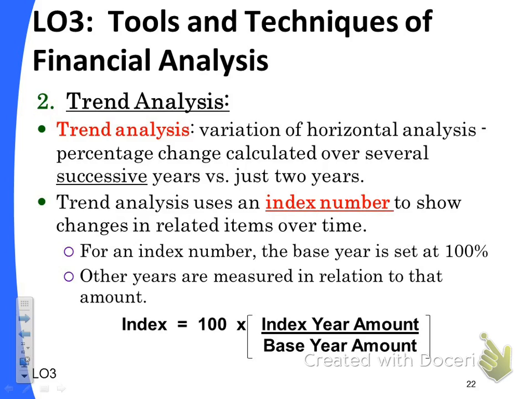So again, by way of comparison, look in your textbook at page 597. We look at the table for Starbucks, and we see a little trend analysis of both their revenues and their operating income from 2005 to 2009.